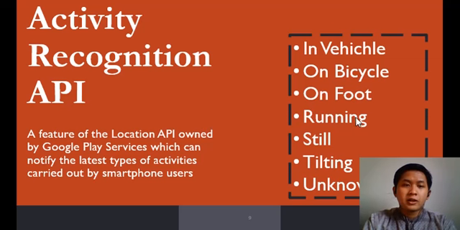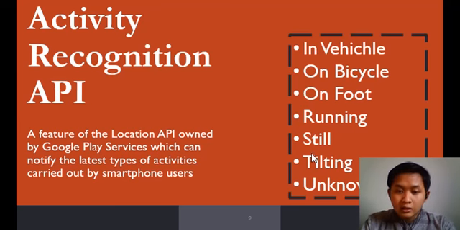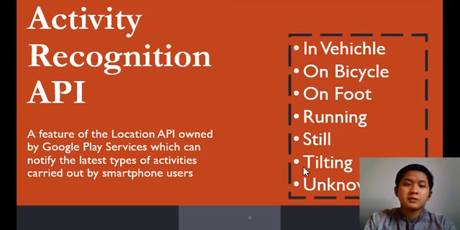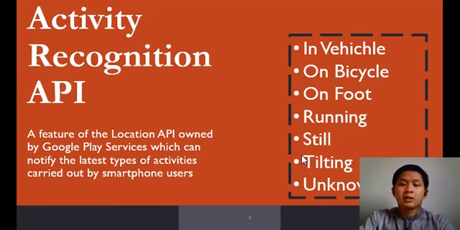There are 7 activities that can be detected by this API. The first is in vehicle, on bicycle, on foot, running, still, tilting, and unknown activities.